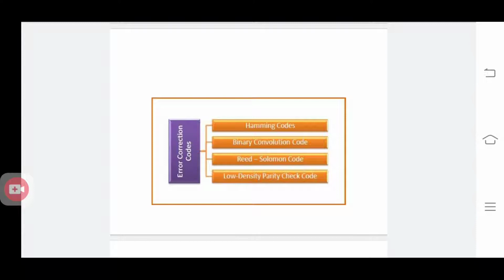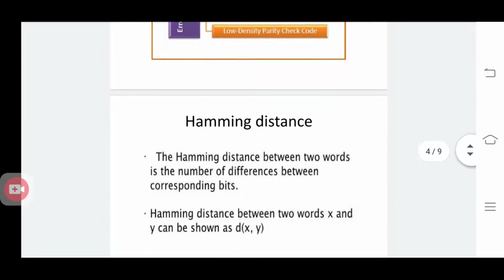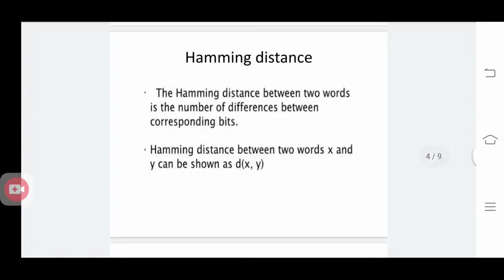Here we are studying what is Hamming distance. Hamming distance means comparing two data words. The Hamming distance is the number of differences between the corresponding bits. If we have two data words x and y, how do we find the Hamming distance? It can be represented as d of x comma y.